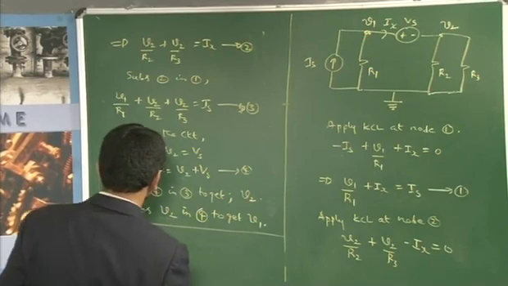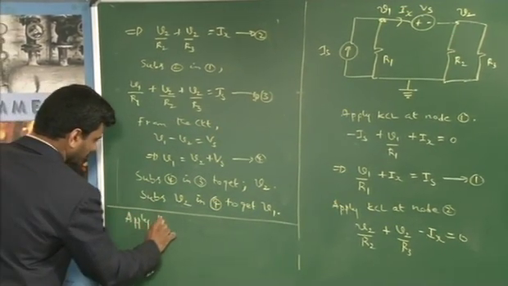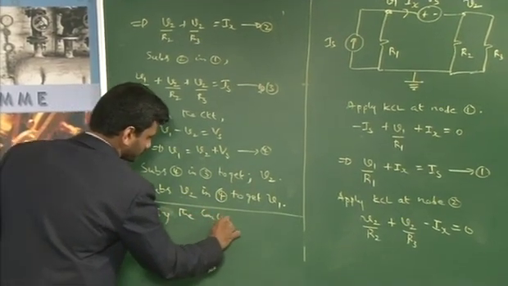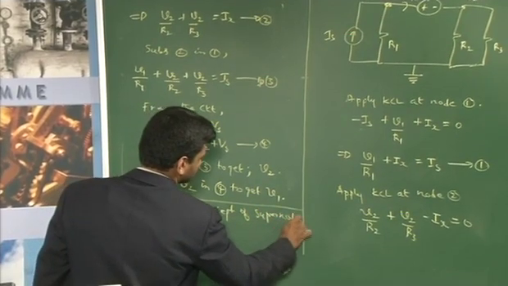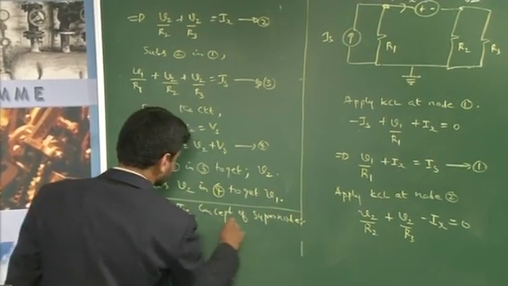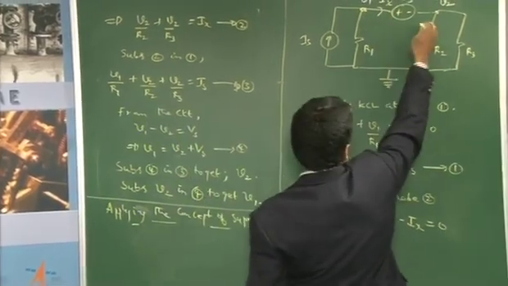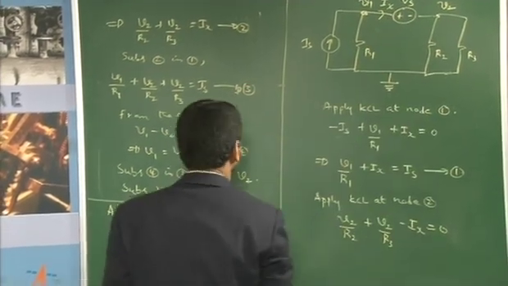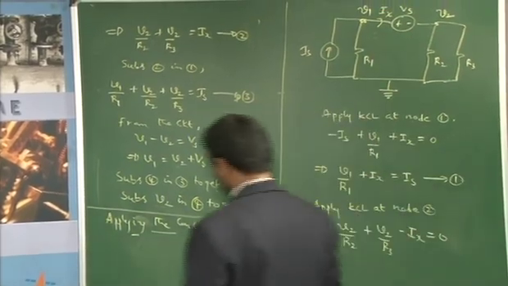Now, we will apply the concept of super node. Just as we did in the case of super mesh, we will identify that there is a voltage source appearing in common to two nodes, and write the constraint equation, which is the equation that relates the voltage source value with the corresponding node voltages.